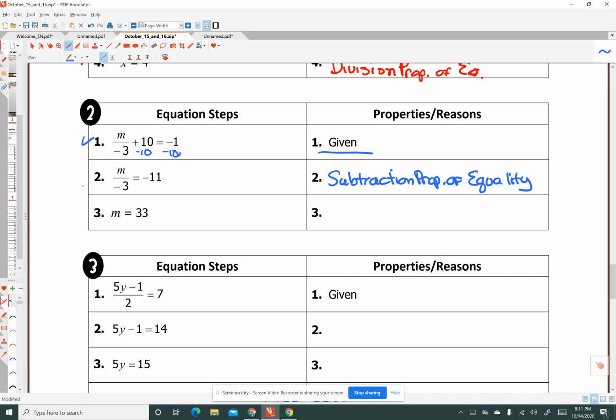And then how did we get from step 2 to step 3? Well, I always say what is happening to x, or in this case, what is happening to m. M is being divided by -3, and in order to isolate m, we multiplied both sides of the equation by -3. So that was the multiplication property of equality.